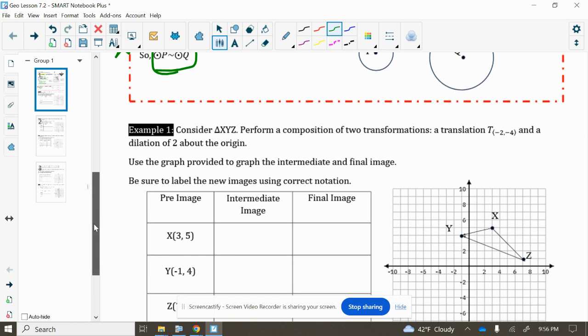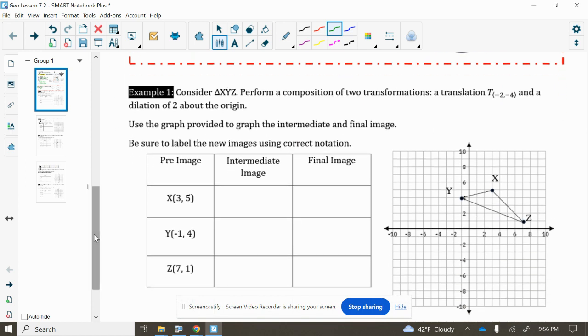Now, when actually performing our compositions, very similar to last semester, we are going to write down both an intermediate and a final image each time. So the first one wants us to start by performing a translation to XYZ, so that becomes our primes. So we need to move 2 units to the left and then down 4 units to be able to graph this image.